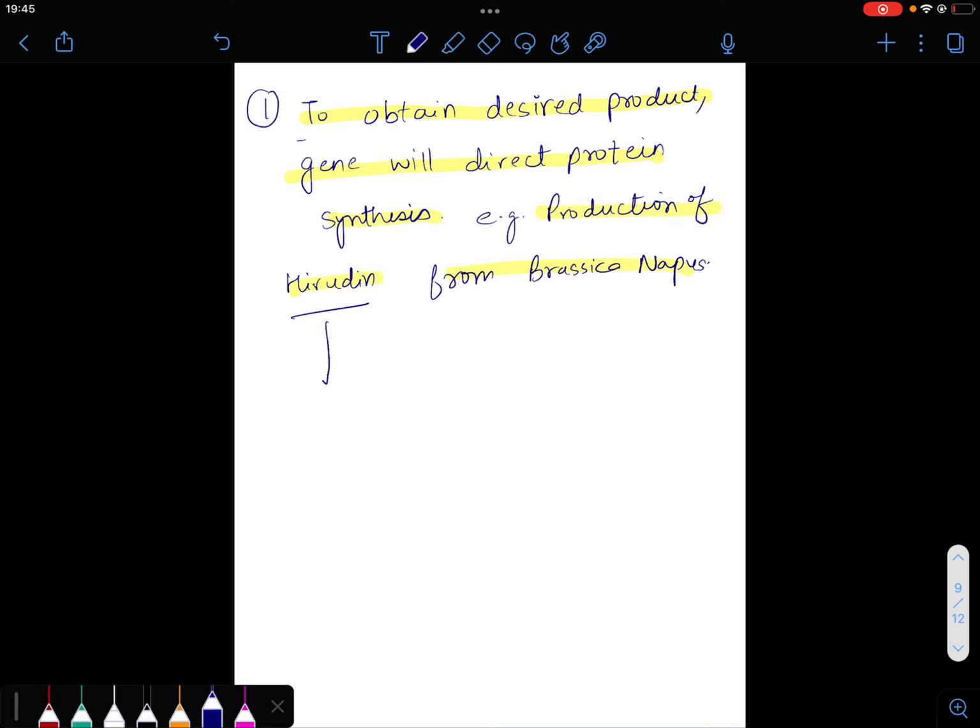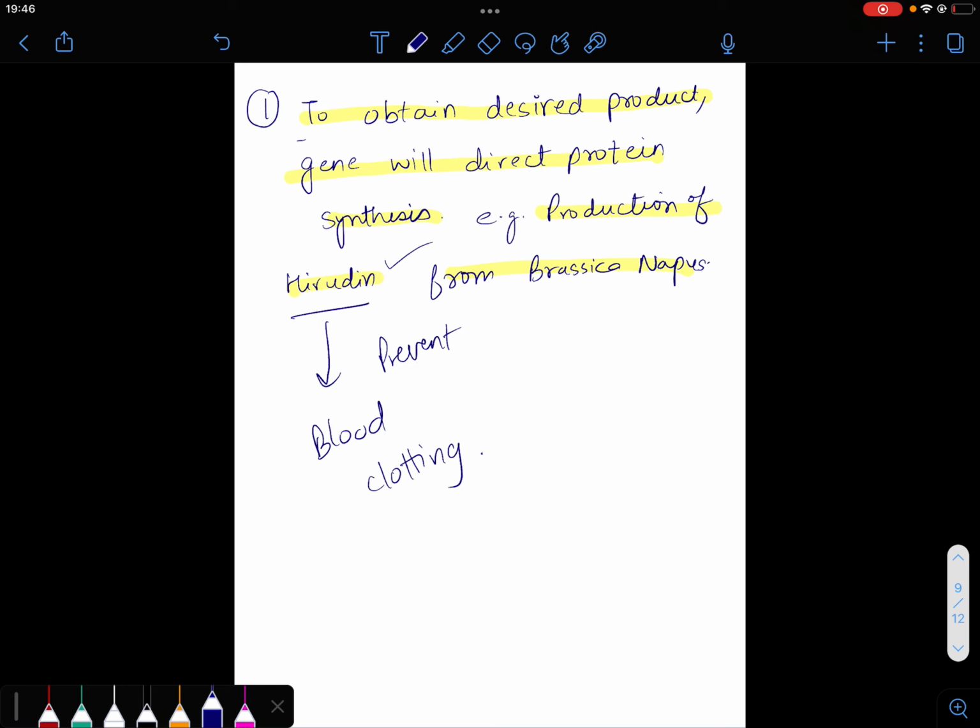So hirudin is a blood clotting agent. If there is blood clotting happening in your body, it will help to declot it, prevent blood clotting. And it is available in leech. But we can only have so much amount of hirudin from leech, but we want it in commercial scale.